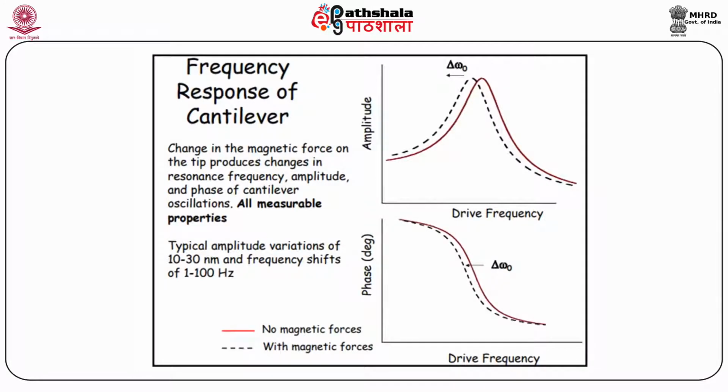There are two diagrams given. One is amplitude versus drive frequency. The other is phase versus drive frequency. Change in the magnetic force on the tip produces changes in resonance frequency, amplitude or phase of cantilever oscillations.